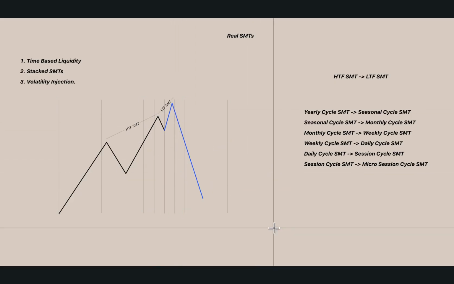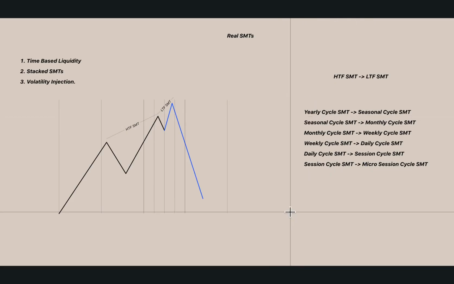And so, it goes on. So if you're using a daily cycle SMT, then you're referring to a session cycle SMT. You're using a session cycle SMT as the higher time frame, then you're looking for a micro session cycle as a lower time frame. So it's pretty straightforward. Whichever higher time frame cycle your SMT occurs on, then you're going to refer to the cycle directly below that.